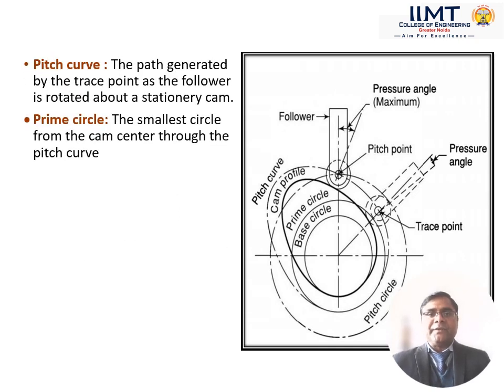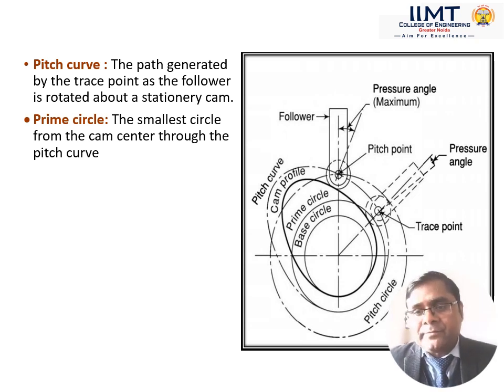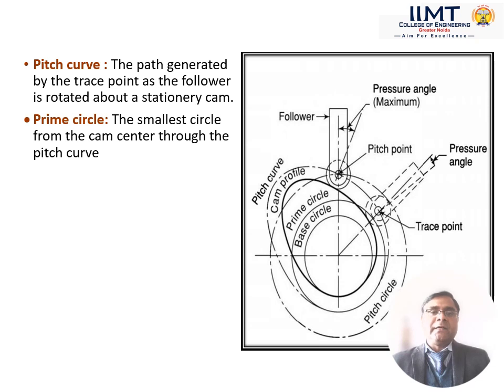So the pitch curve is the path generated by the trace point as the follower is rotating about the stationary cam. I have already discussed that cam is stationary and follower is moved around the cam. So the profile traced by the trace point is known as the pitch curve.